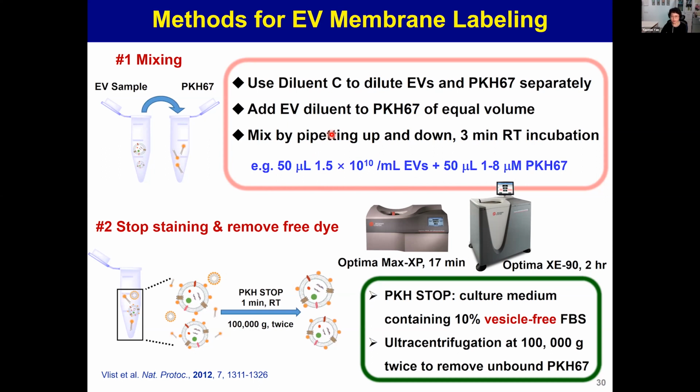We highly recommend removing the unbound dye. People may ask whether washing away the unbound dye takes too much time. If we use a tabletop ultracentrifuge, we can shorten the centrifugation time from 2 hours to 70 minutes.